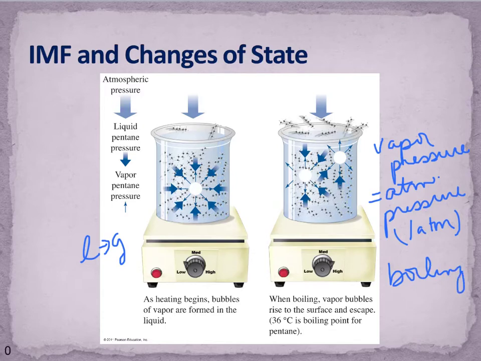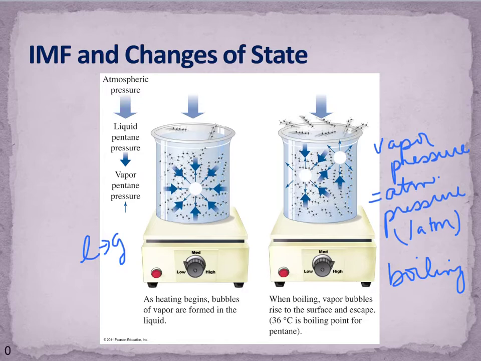So we like to talk about the boiling point as 100 degrees Celsius or 212 degrees Fahrenheit, and that is true, but it's only true at 1 atmosphere of pressure. If we change the pressure, what we see happening is that the boiling point will change as well. As the pressure goes down, so does the boiling point, because it's going to be easier to get to that vapor pressure.